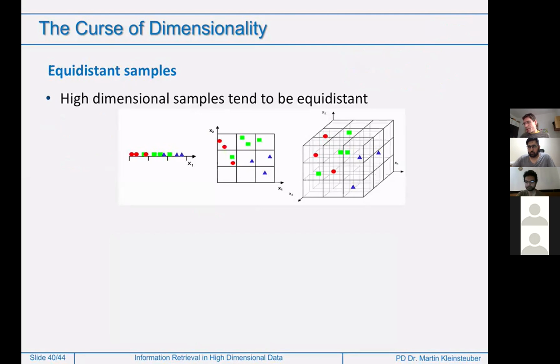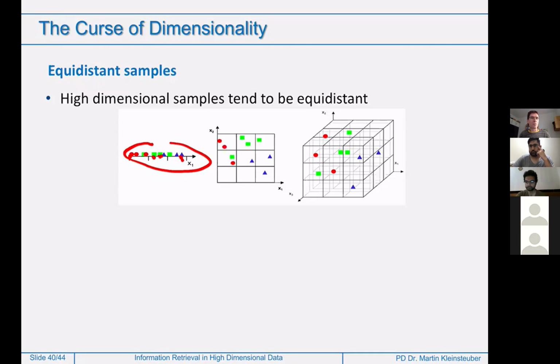You can find that in one dimension we have samples. Let's look at this here. So there are some samples, and the pairwise distance here is rather different. The distance from this point to that point is of course larger than from two intermediate points.